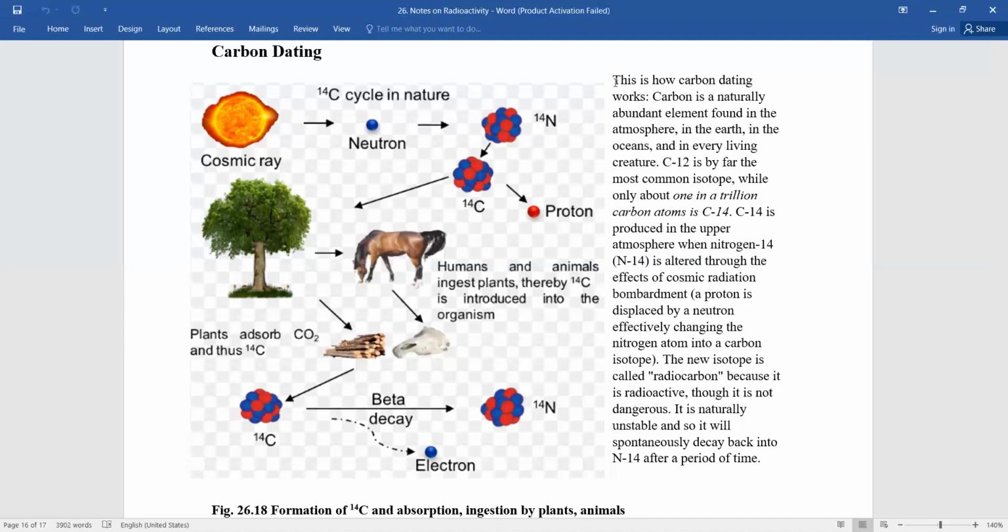A proton is displaced and nucleophilically changing the nitrogen atom into a carbon isotope. The new isotope is called radiocarbon because it is radioactive, though it is not dangerous. It is naturally unstable, so it will spontaneously decay back into nitrogen 14 after a long period of time.